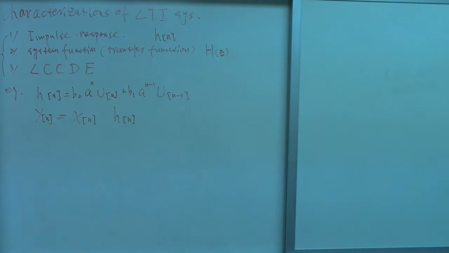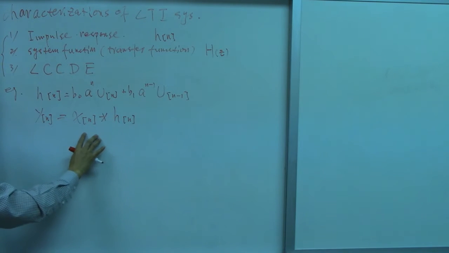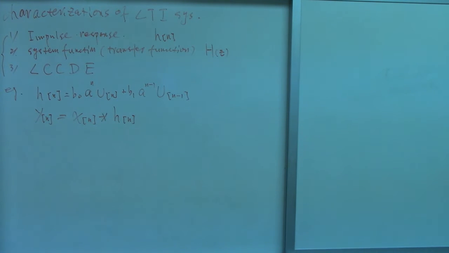What is that? Convolution. So convolution is represented by star. And we know for discrete signals, the calculation of convolution is relatively easy compared to analog signals.